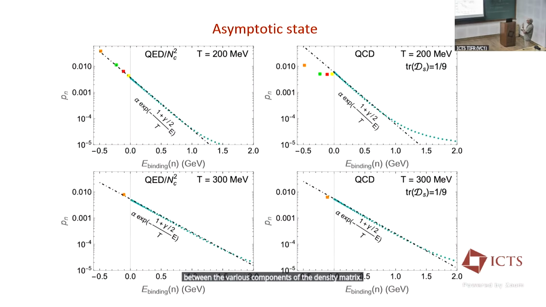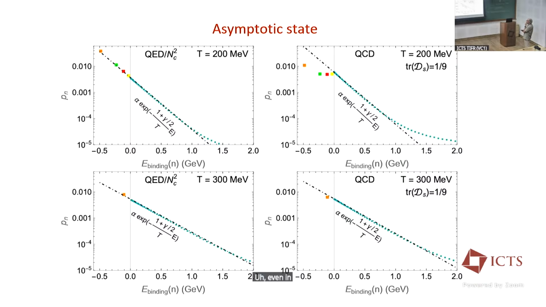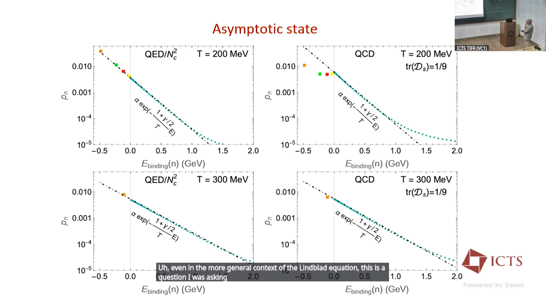And finally, I would like to emphasize one issue which is not completely resolved even in the more general context of the Lindblad equation. This is a question I was asking Akamatsu yesterday. This is interesting physics, which is not completely understood. We understand numerically what is going on, but the physics is still a little bit unclear.